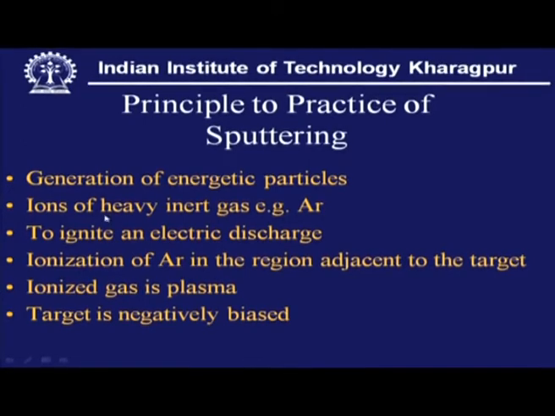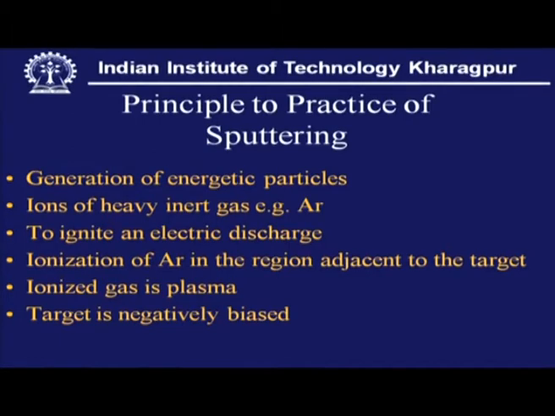Now, to get this ionization, one has to ignite an electric discharge, and in that discharge ionization of the argon will take place in the region adjacent to the surface of the substrate. This ionized gas of argon is also known as plasma.